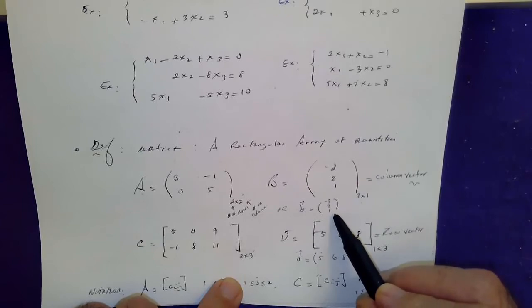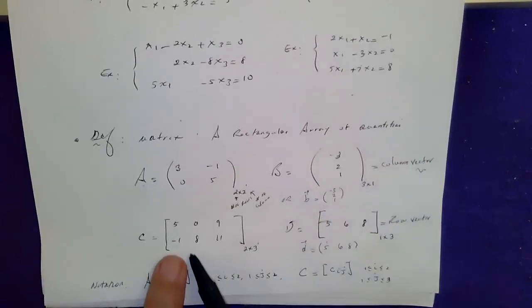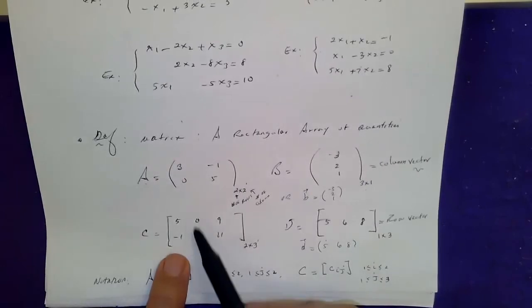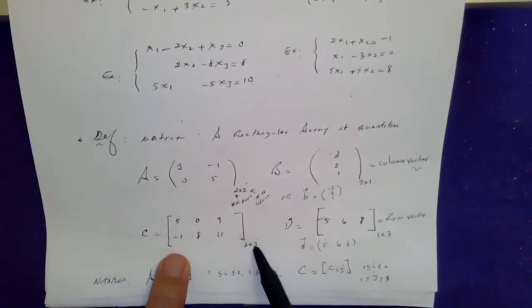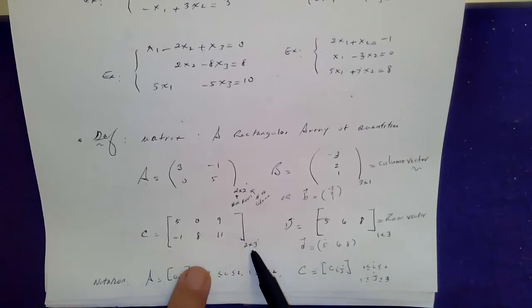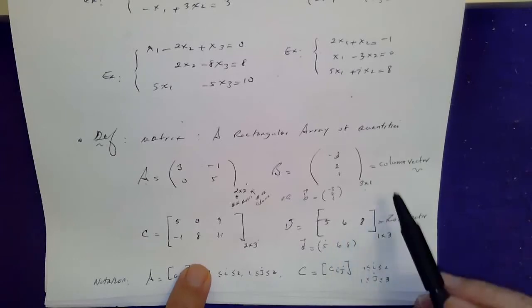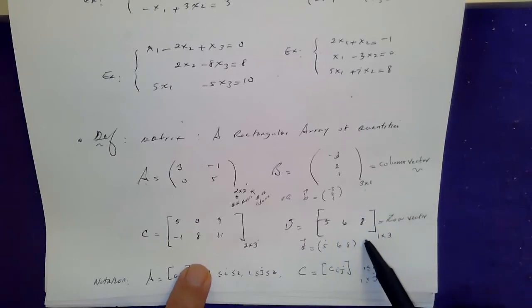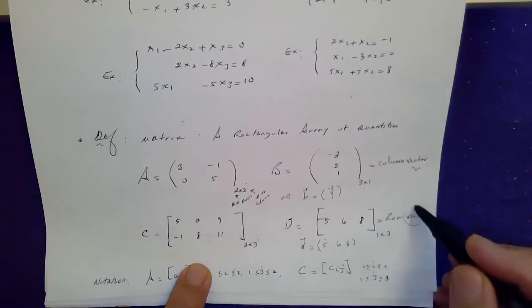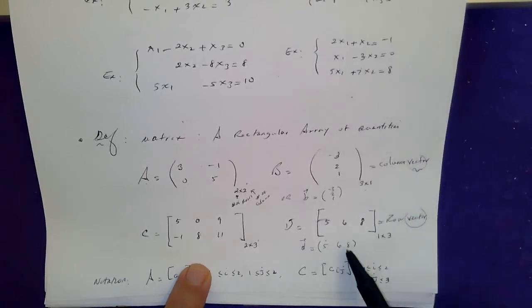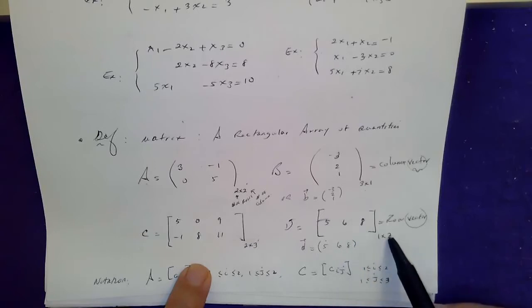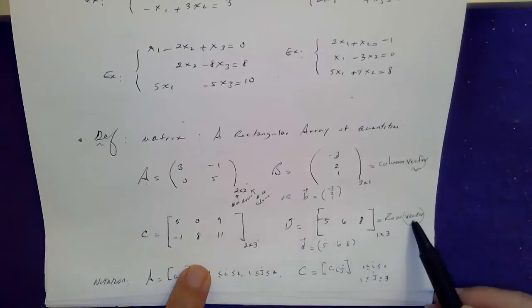On the other hand, this matrix C has 2 rows but 3 columns, so it's 2 by 3, which is the dimension denoted right below the matrix. If you have 1 row and 3 columns, that's 1 by 3, and that's called a row vector.